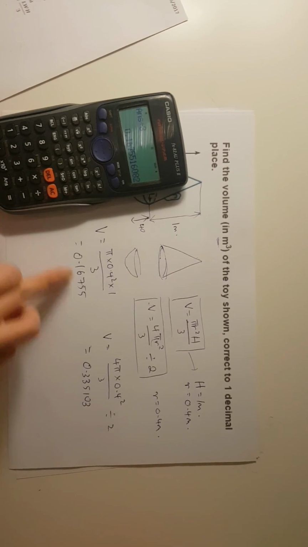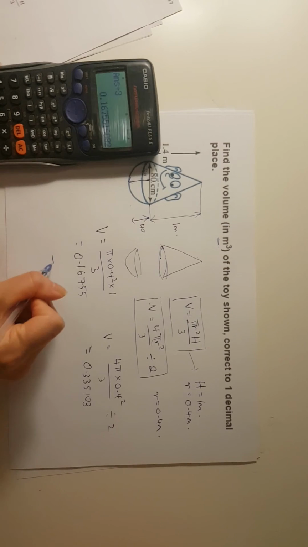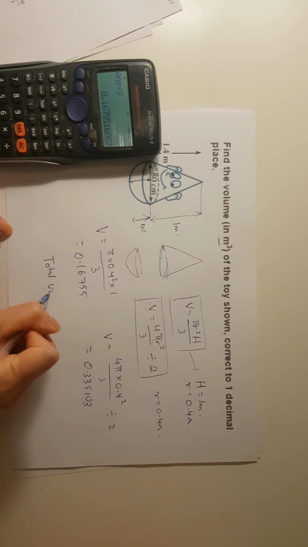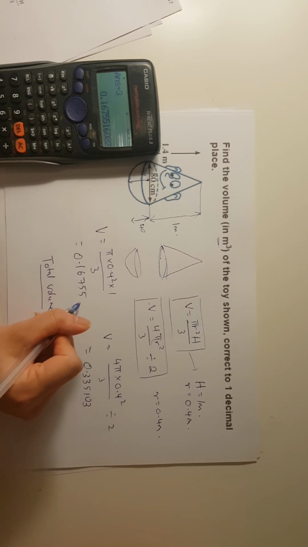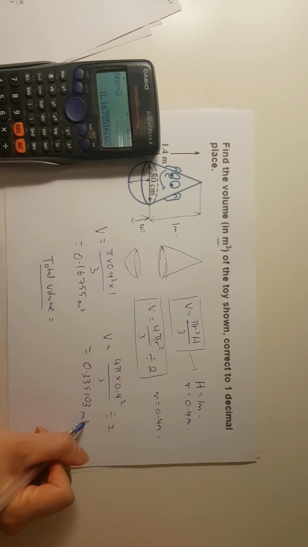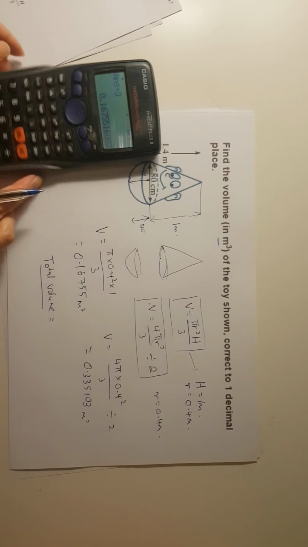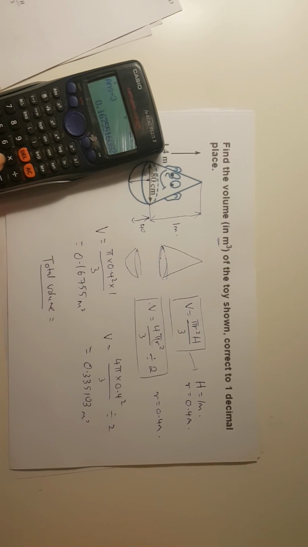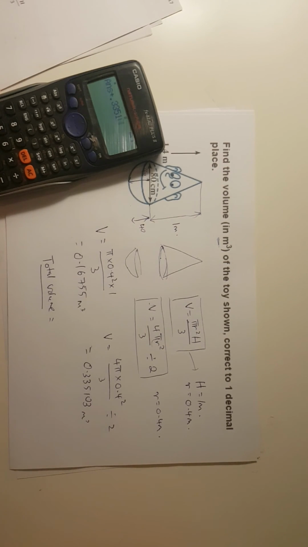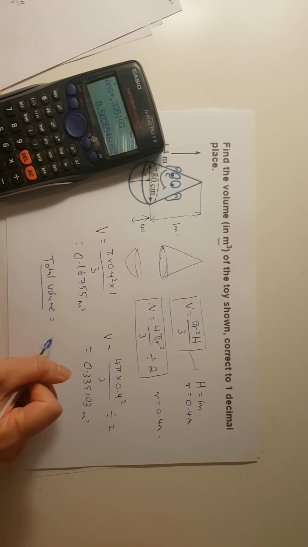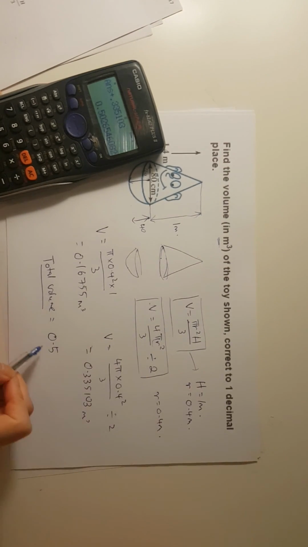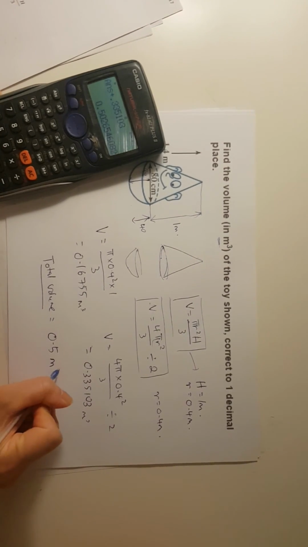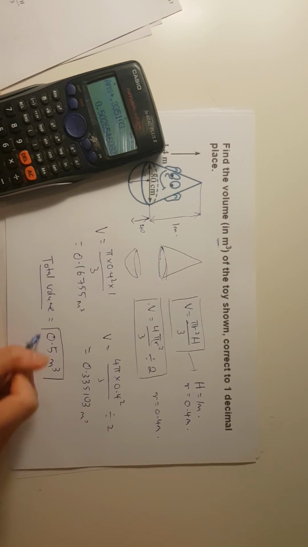So then all we do is we add the two together to find the total volume of the object, and this is in meters cubed because we've converted everything to meters. That'll just be that value there plus 0.335103, and we get a volume of 0.5 to one decimal place, well then it'll just be 0.5 meters cubed. That's that one there.